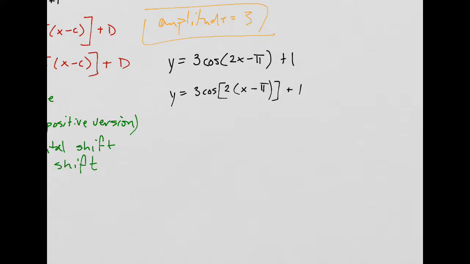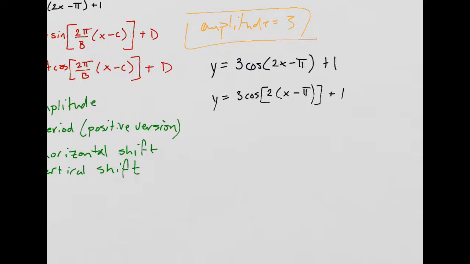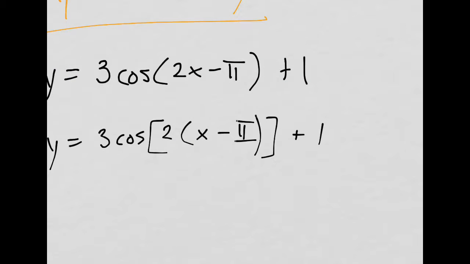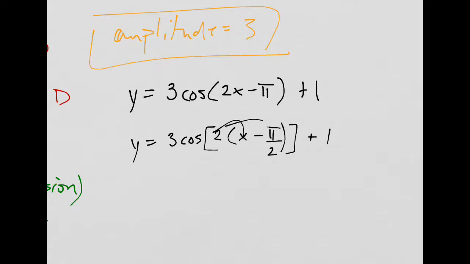Okay, so now it looks like this, except there's no pi. That's kind of weird. Oh wait, this is not right. This should be pi over 2, right? Yes, because I'm factoring out. If I distributed, I would get back to this. So okay, that's good.